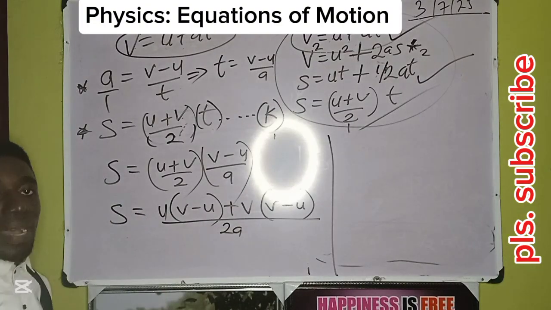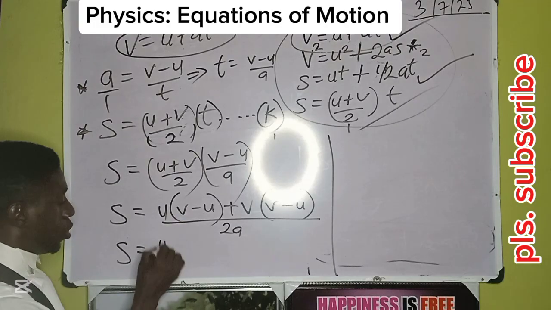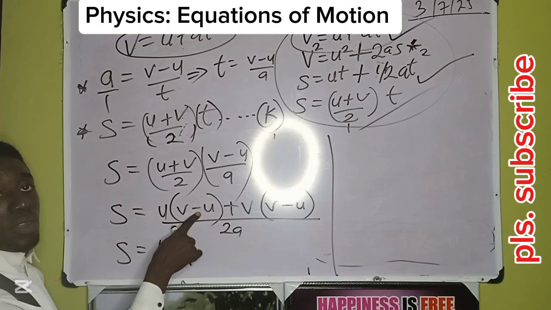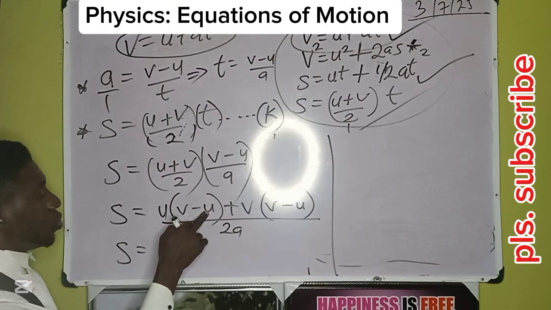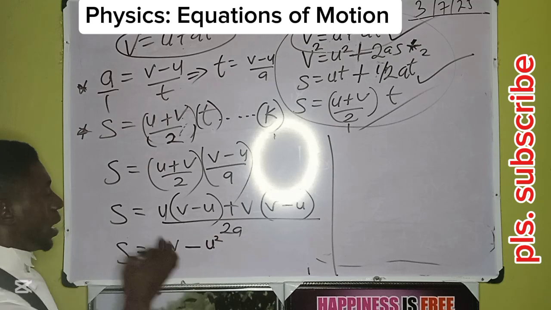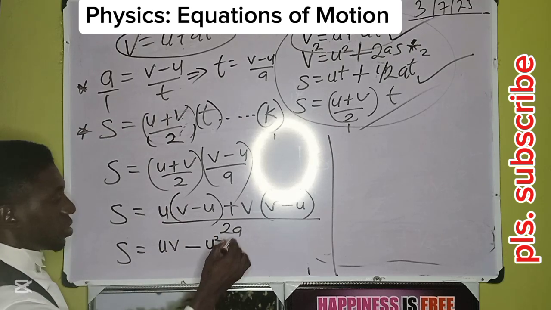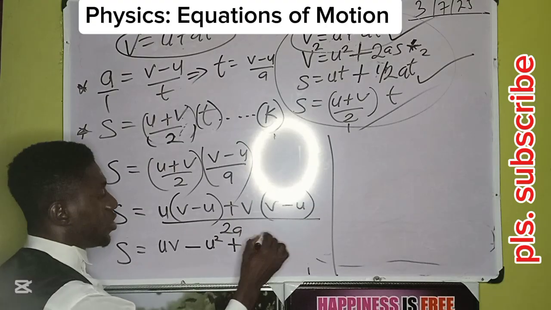Then let's go on with the mathematics. u times v, uv. Plus times minus, minus. u times u, u square. Plus, v times v, v square.